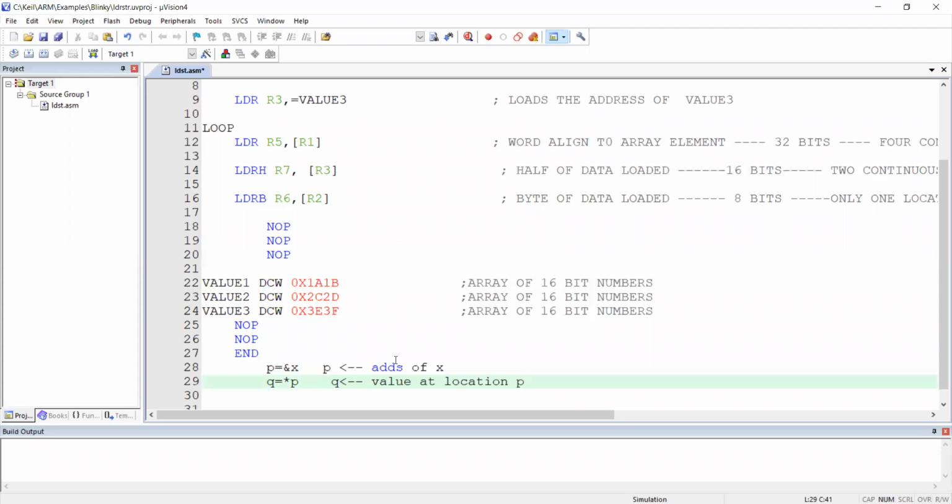Ampersand means address of X in P. What is the value at that location, or address, P? Indirectly, it is nothing but the value of X. In the same way, we get this star by the square brackets.